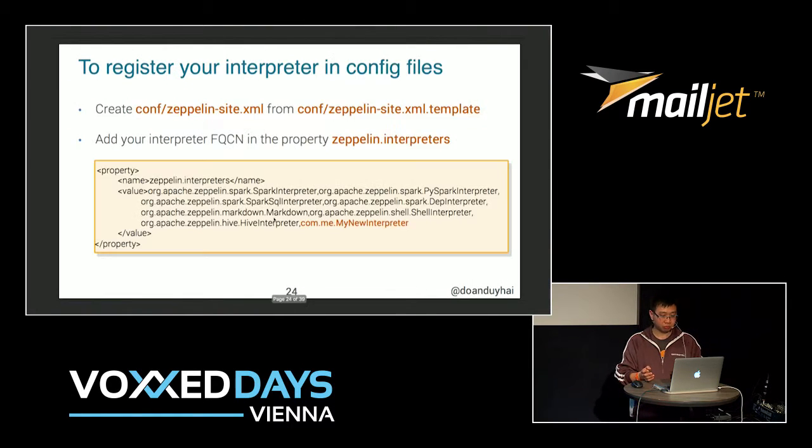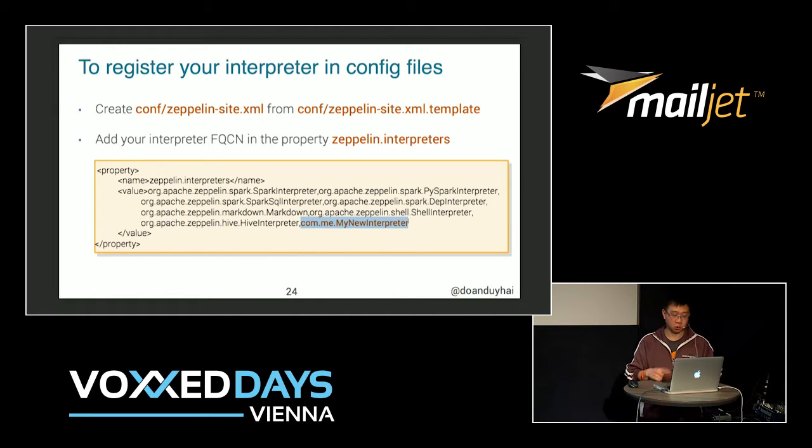Or there is another way. If you don't want to change the source code of this configuration, you can do it at runtime. There is a sample configuration file, zeppelin-site. You copy it and change these parameters, zeppelin.interpreters. You add your own, the class of your interpreter, here.